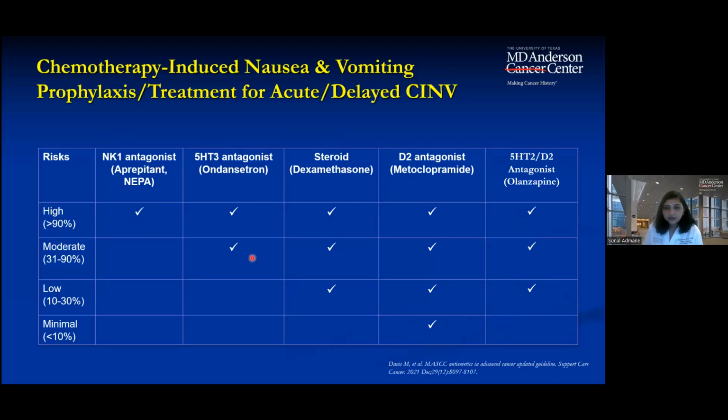So this is the table that is a recommendation from MASCC, which is the Multinational Association for Supportive Care in Cancer. And as you see, for chemotherapy agents which are highly emetogenic, a combination of NK1, 5-HT3 antagonists, dexamethasone, metoclopramide, and olanzapine is recommended on day 1.